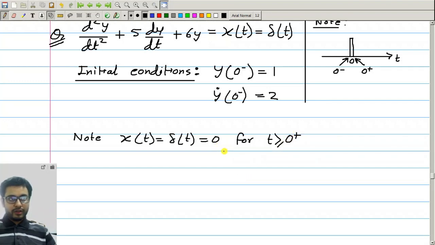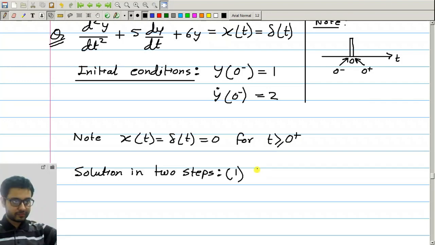Therefore, this problem will be easy to solve for the time interval starting from 0 plus up to infinity, because then the input is 0. Only within this small region 0 minus and 0 plus, it is slightly difficult to solve this equation. So we shall solve this problem in two parts, two steps.